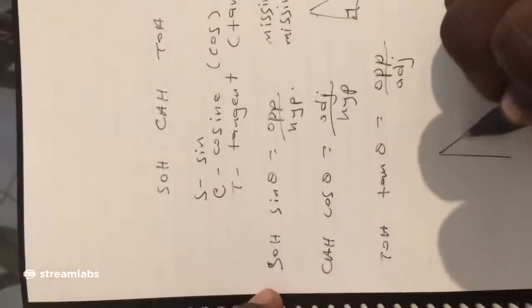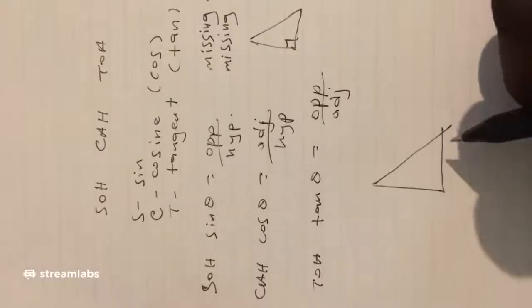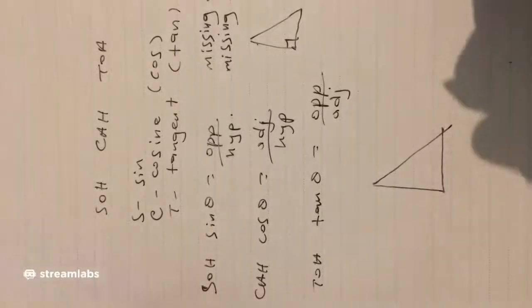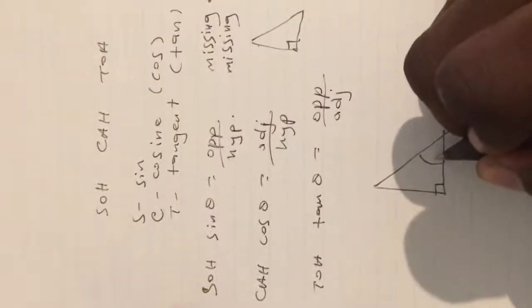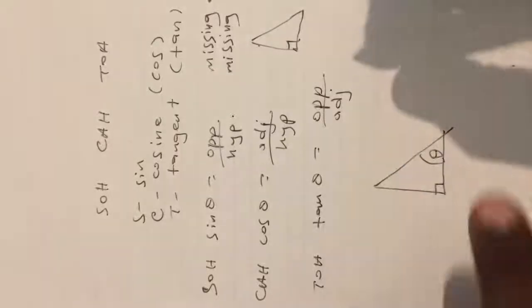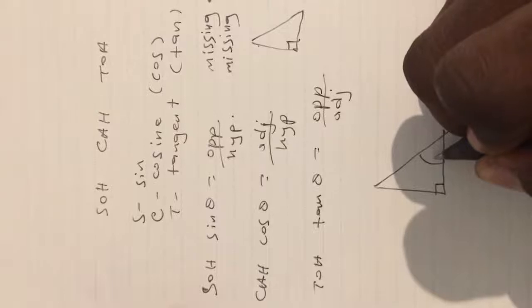The first thing we need to be able to do is to identify the sides, such as opposite, hypotenuse, and adjacent, relative to the angle. So let's say this is our angle.